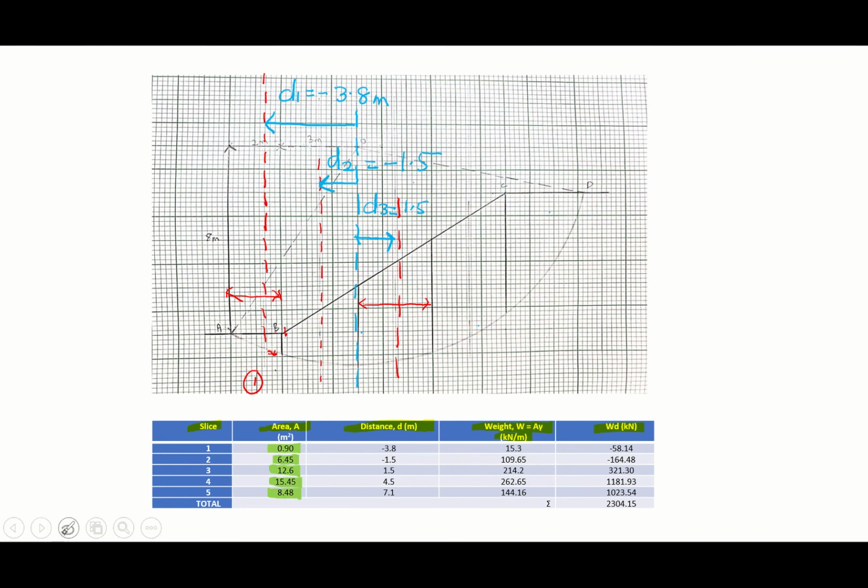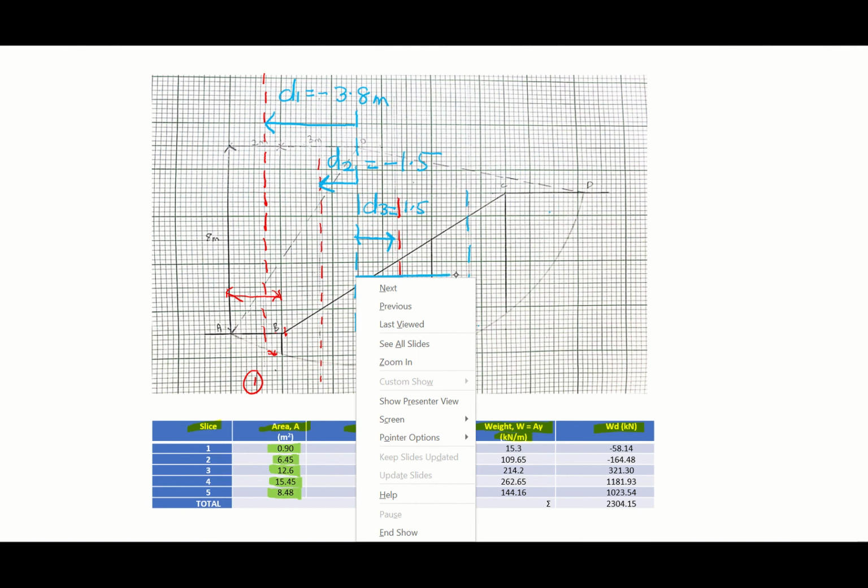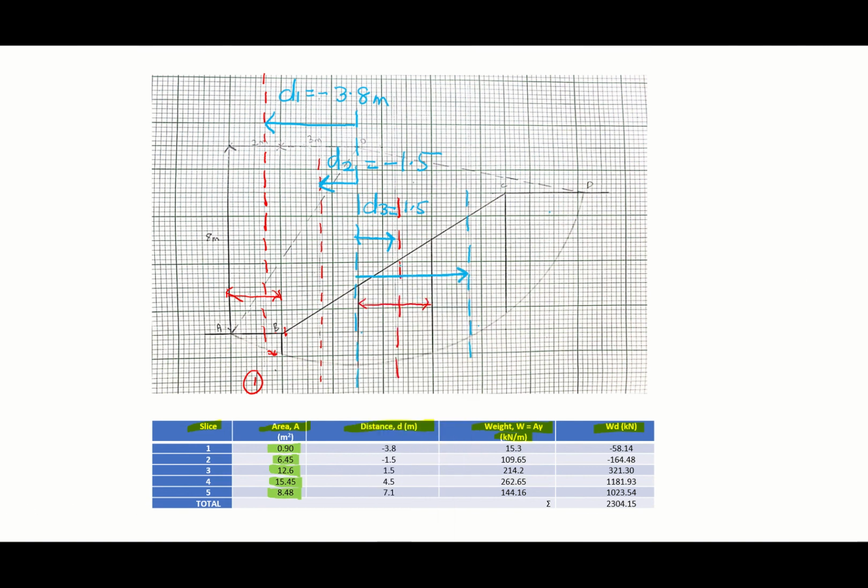Next we have slice number 4. Again, we have a trapezium in terms of its shape. Draw the center line for slice number 4, and then from the centroid to slice number 4 to the right, you get D4 equal to 4.5.